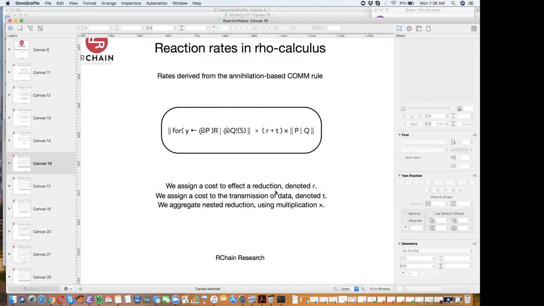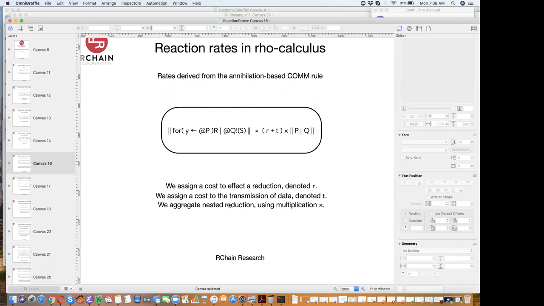So under the assumption that P annihilates Q, then we just take that reduction step, add the transmission of data step, and multiply it by the rate that's associated with getting this thing to go down to zero, which will of course recursively require a bunch of subsequent things. Right.